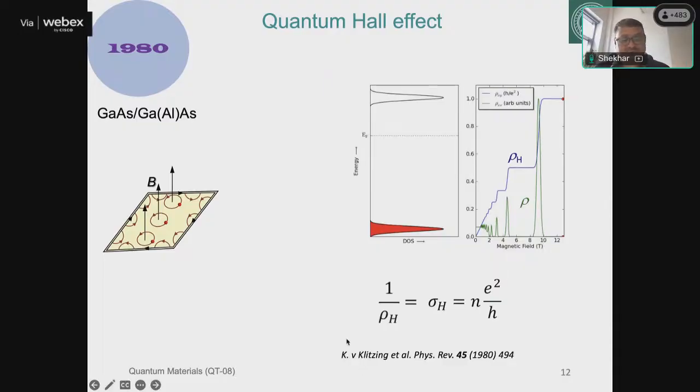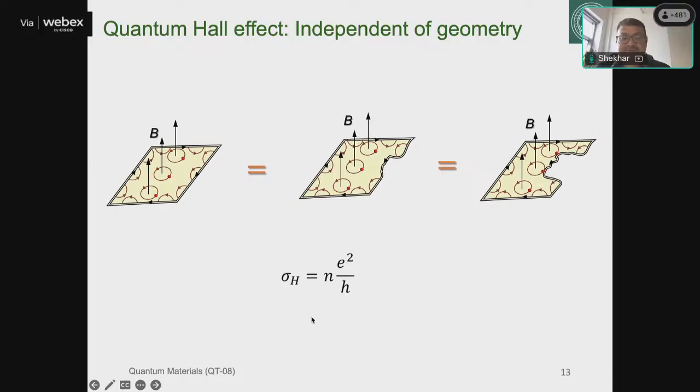That was discovered by Klitzing, who also got the Nobel Prize for this discovery. As I said, the quantum Hall geometry is basically independent of the material and independent of the geometry.